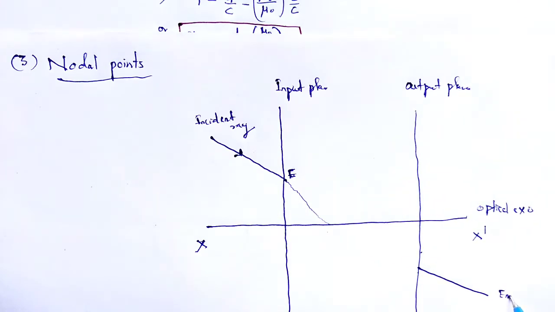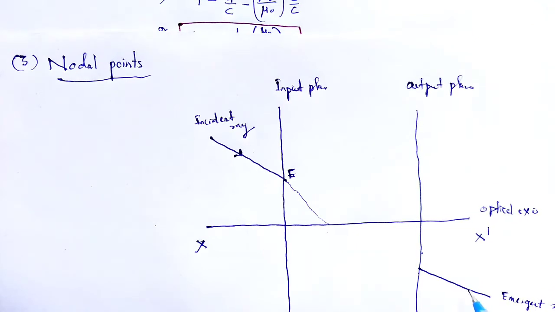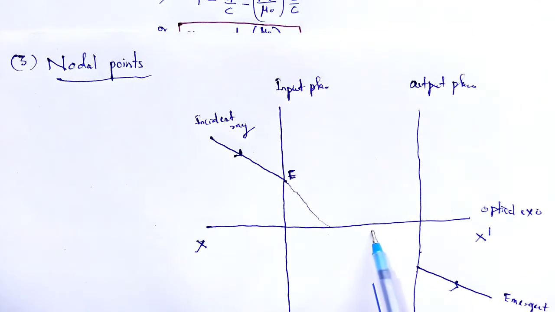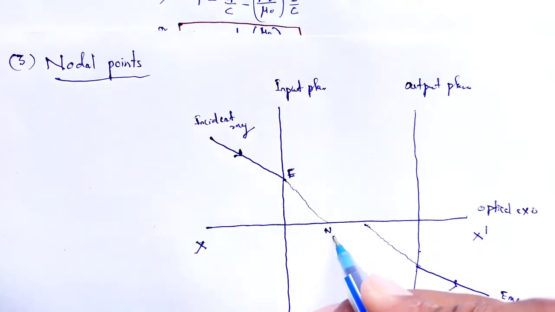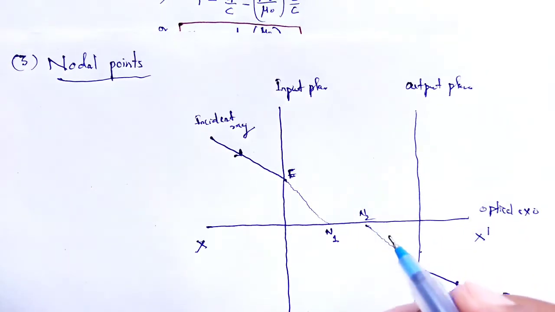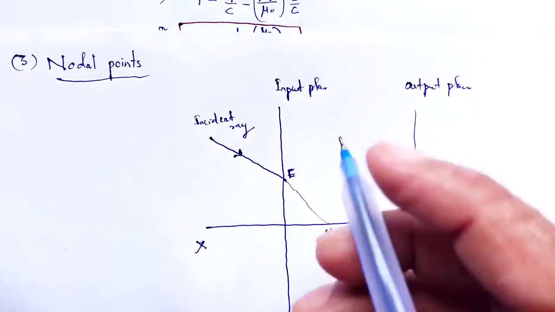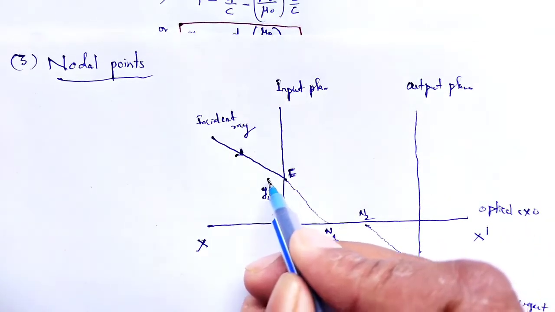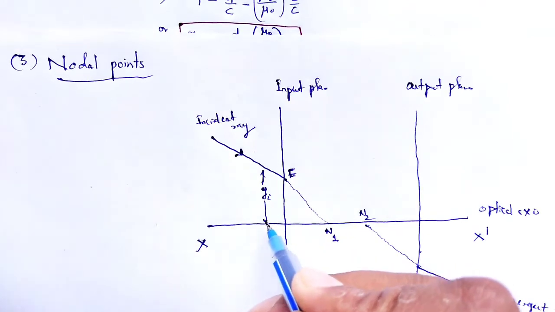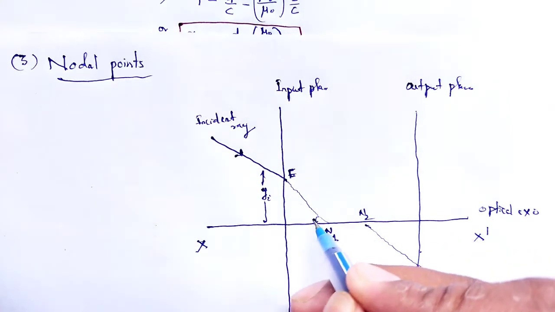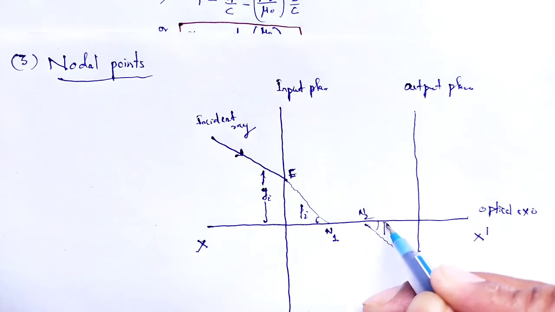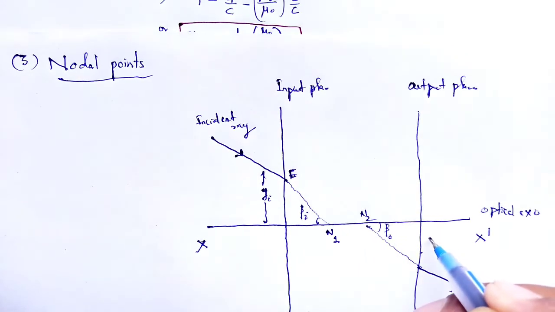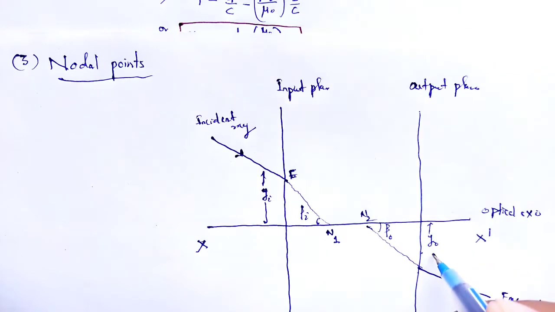This is the emergent ray. That is the first nodal point N1, that is the second nodal point N2. The distance is yi, the angle subtended here is beta I, the angle subtended here is beta O, and the distance is yo.